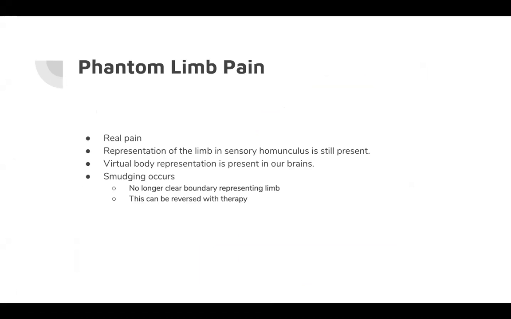So smudging, if you think of that homunculus being drawn with a pencil, and then think of someone taking an eraser and not completely erasing it, but starting to erase the edges of one of the limbs, maybe the hand, so that it becomes blurry, and the boundary and the border of that limb represented in the brain is not clearly defined.